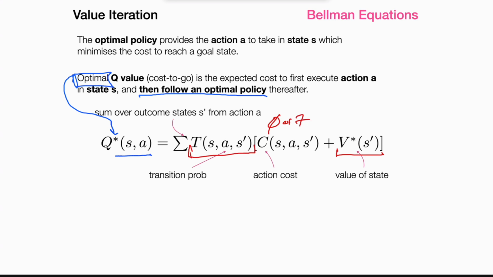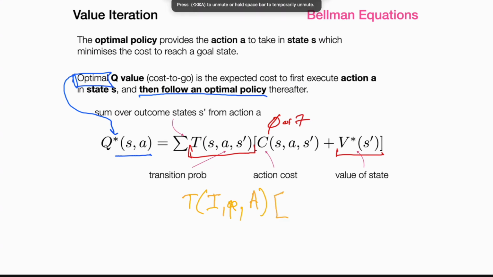So in our previous example, we had the transition probability of, we were in state I, we performed action P, and we reached state A. And we multiplied that by the cost of performing that action, which was 0, plus the value of being in A, which I think we wrote as 1, because the value of being in A is the optimal cost of reaching the goal.